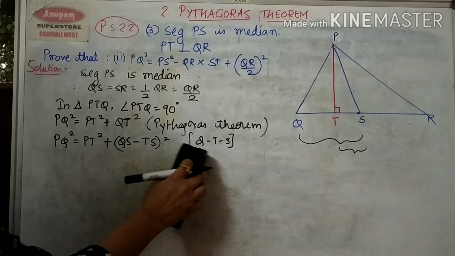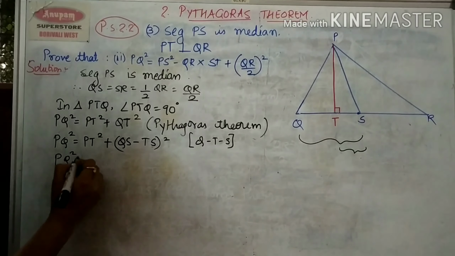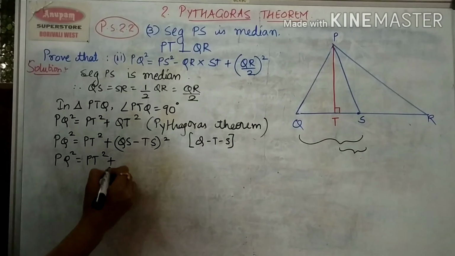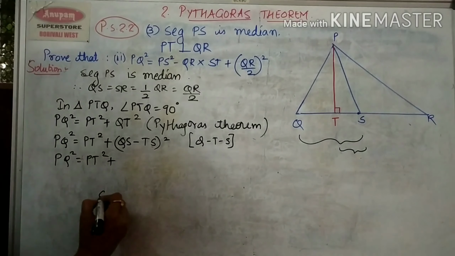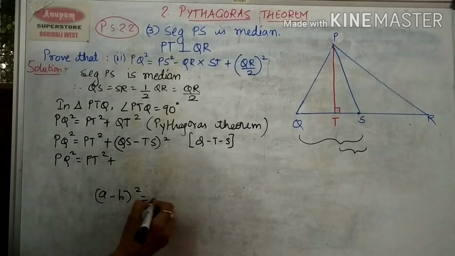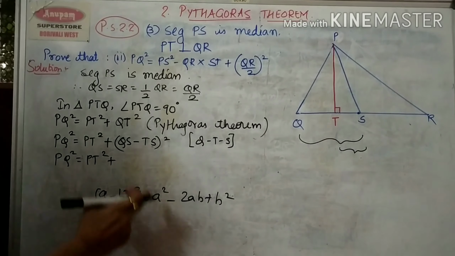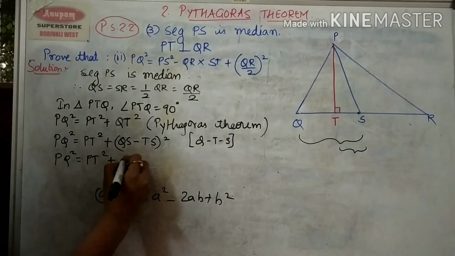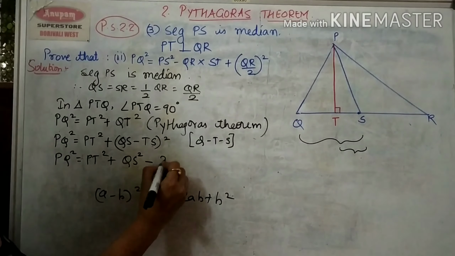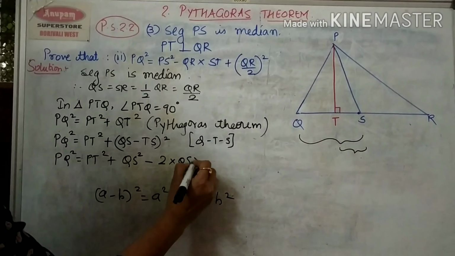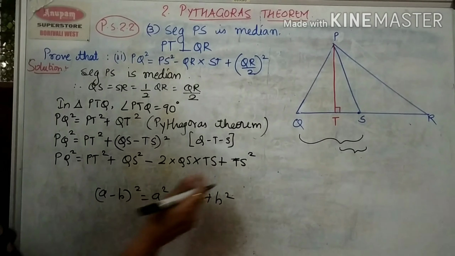Now in the next part, let us expand this. PQ square is equal to PT square plus, children, this is the A minus B the whole square formula, which is A square minus 2AB plus B square. So we'll expand it in this form: QS square minus 2 into QS into TS plus TS square.